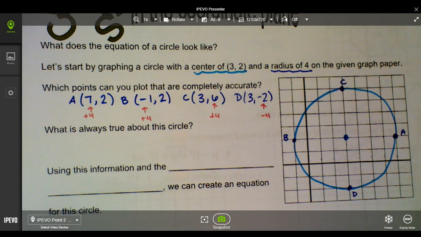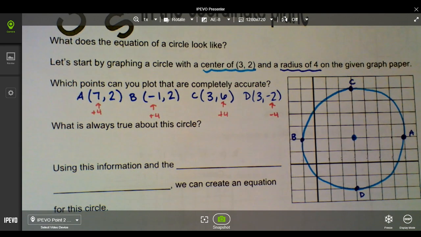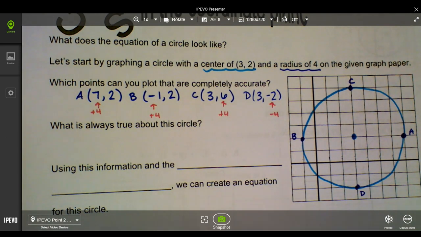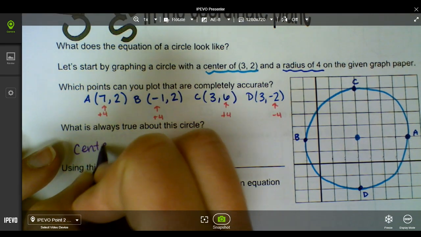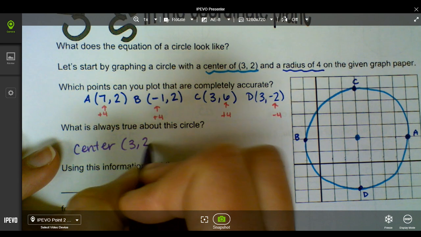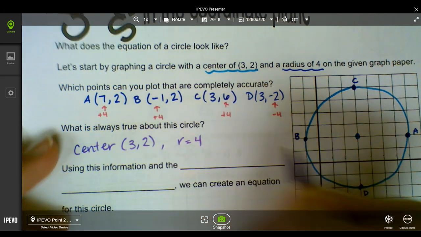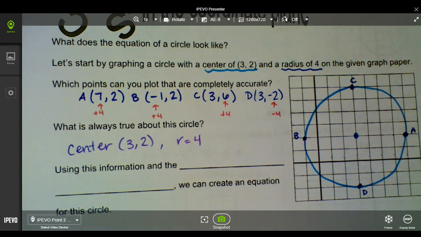All right, it's not bad, not perfect, but not bad. So what is always true about this circle? Well, this circle is always going to have a center at 3, 2 and a radius of 4. That's all we can say is always going to be true about the circle.